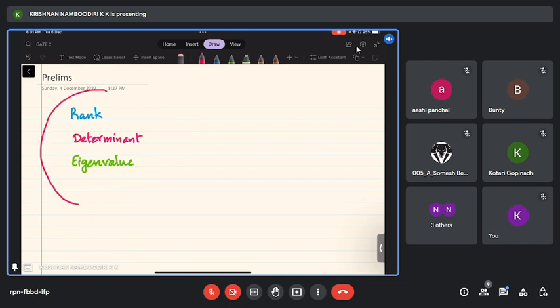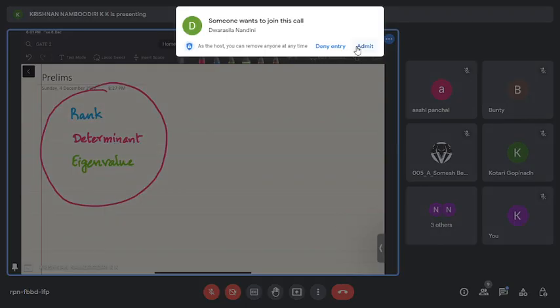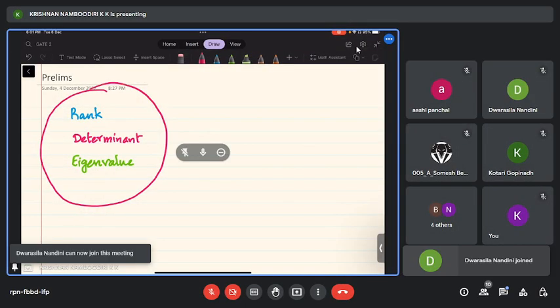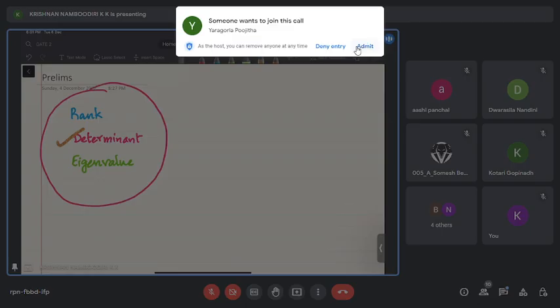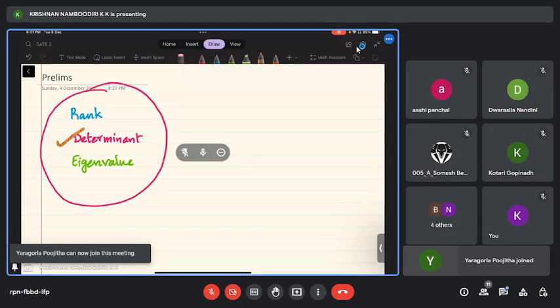today the concepts that we are going to use are mainly these three. I hope all of you are familiar with matrices and their determinants. So this second part is well known, I hope, to everyone. Determinant of a matrix, right?